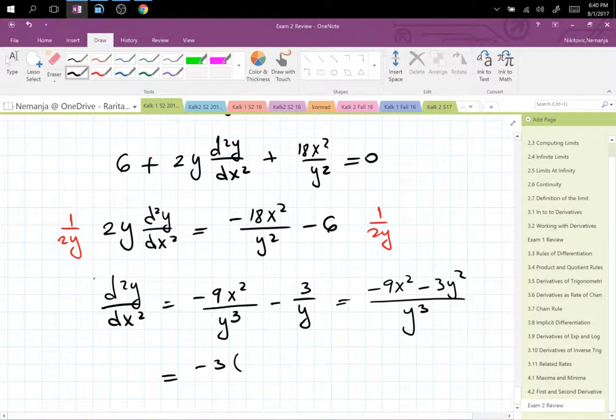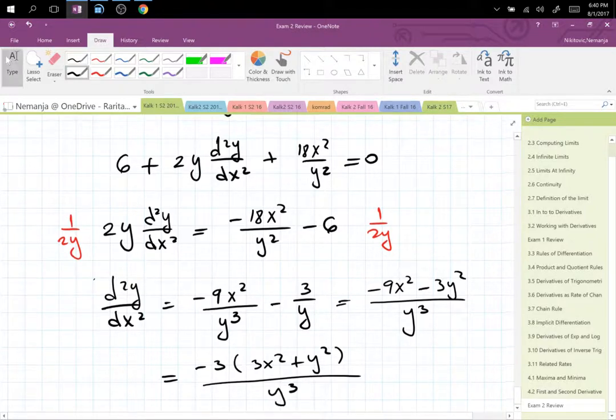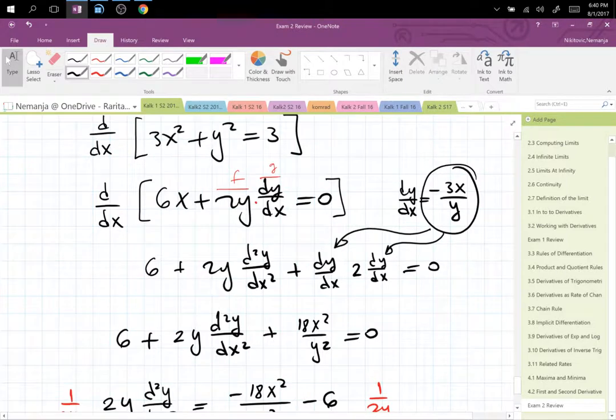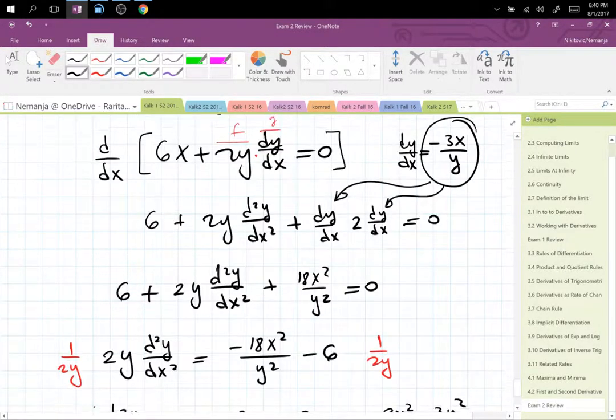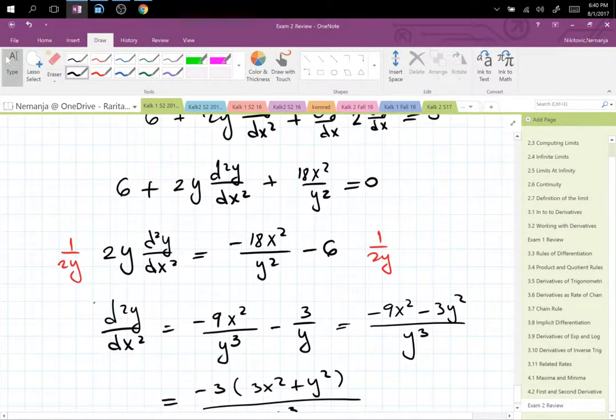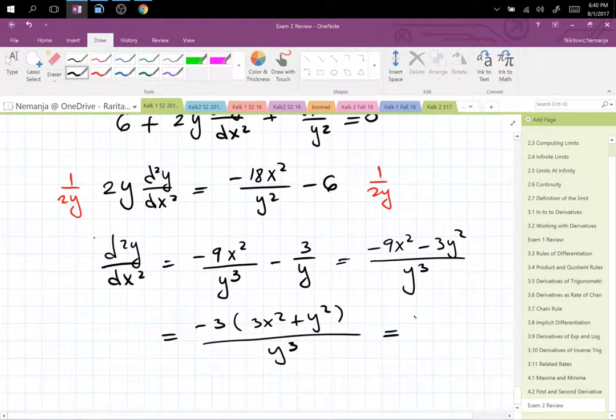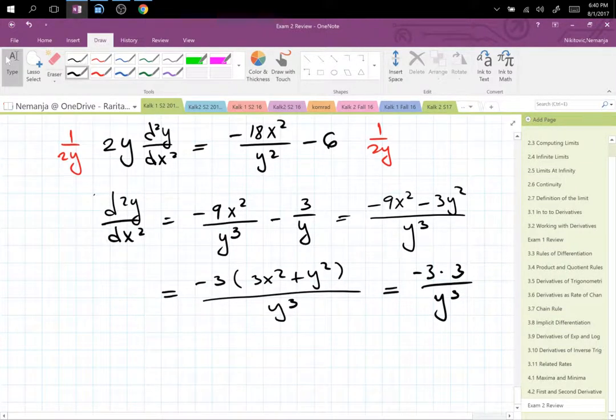You get 3x squared plus y squared over y cubed. And look, that 3x squared plus y squared is 3. So this is actually negative 3 times 3 over y cubed. So the answer is, it's really cool, negative 9 over y cubed. Nice.